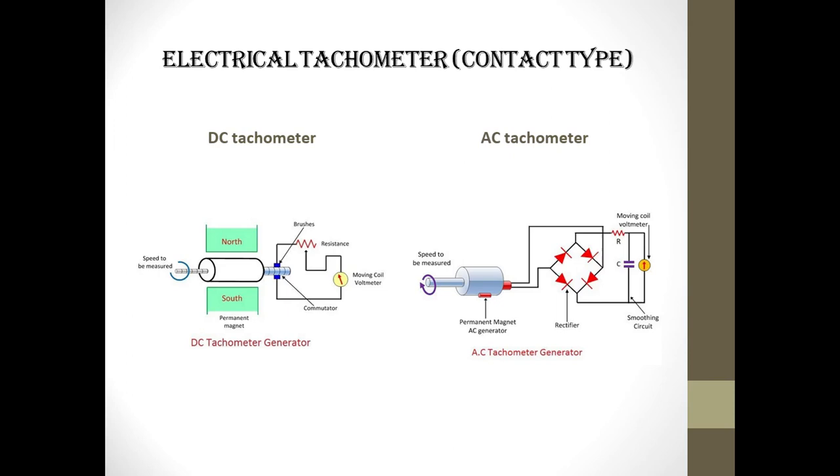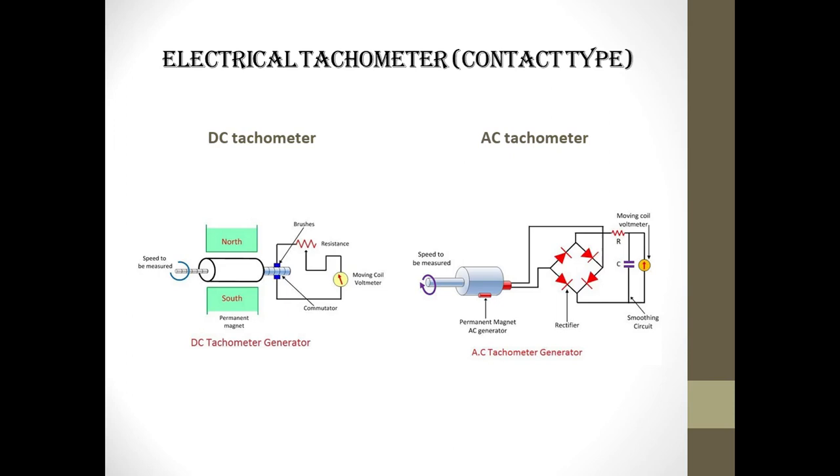The output voltage of AC tachometer generator is rectified and is measured with a PMMC or permanent magnet moving coil voltmeter. Limitations of AC tachometer generator: the first point, the difficulty with this system increases at low speed due to the frequency of the output voltage being low.